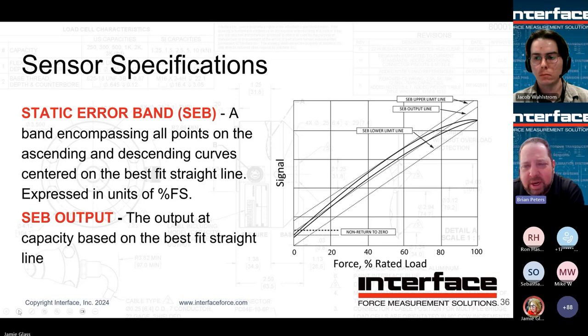So you have that error band there, and now you have a new output line that bisects that, and now you have a percent deviation as a function of the breadth of that band, and then you also have a new output value in millivolt per volt that can be used that would do the best job possible to incorporate any potential nonlinearity or hysteresis change in signal across through the whole operating range. So that's SEB and SEB output. We have that listed specifically on many of our data sheets. It's something good to look for.